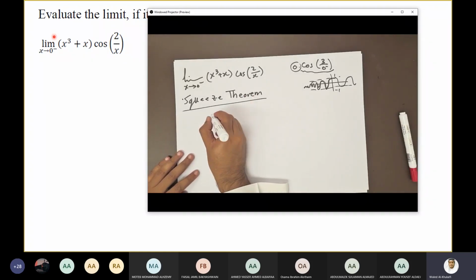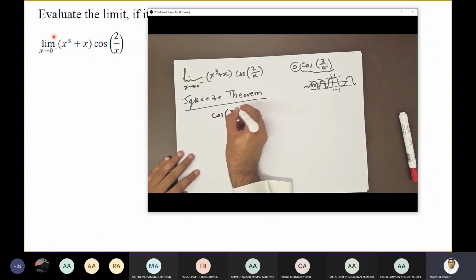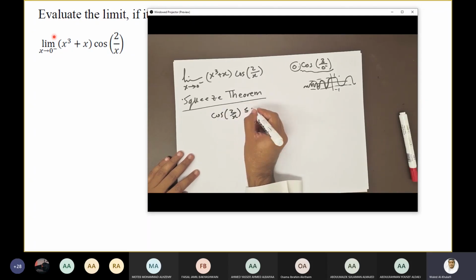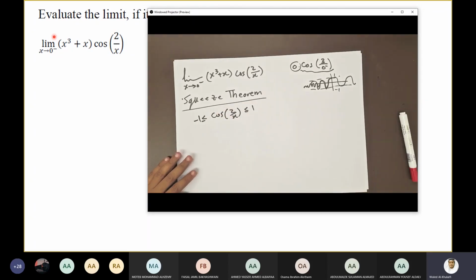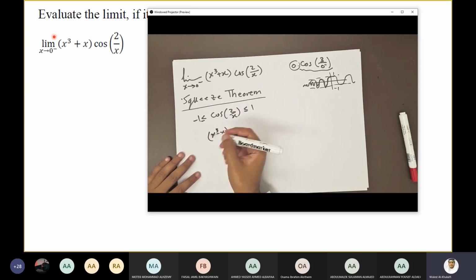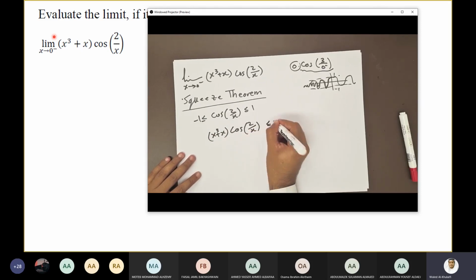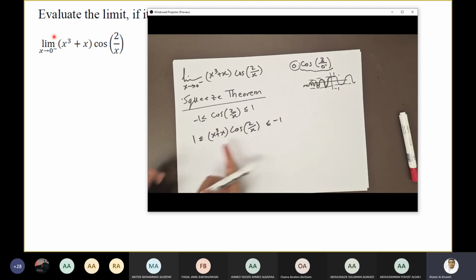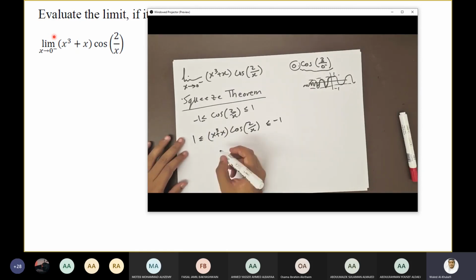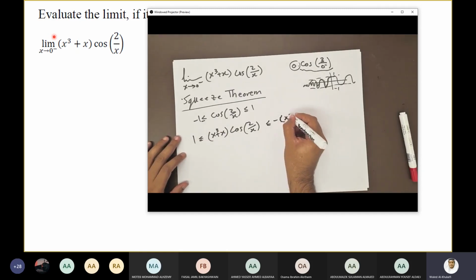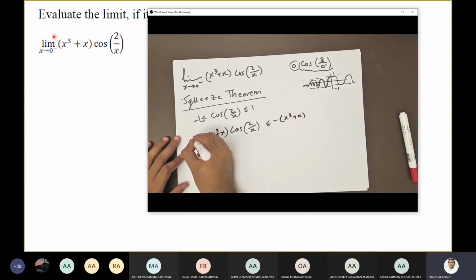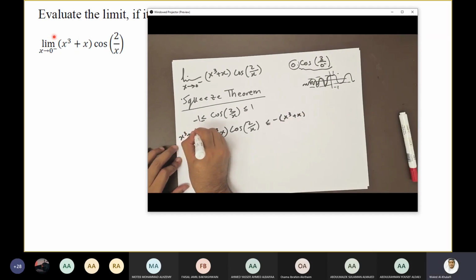Well, first we start with cosine of 2 over x, and you know that this is between 1 and minus 1. Then when I multiply by this expression, which is negative when x approaches from the left, you get the bounds minus 1 and 1 times x cubed plus x.